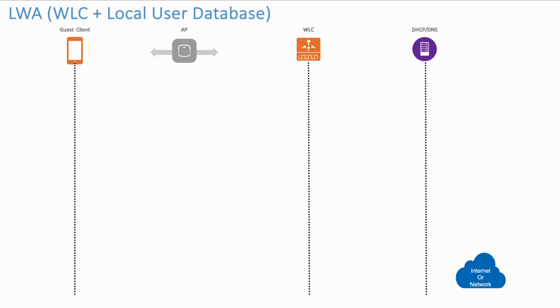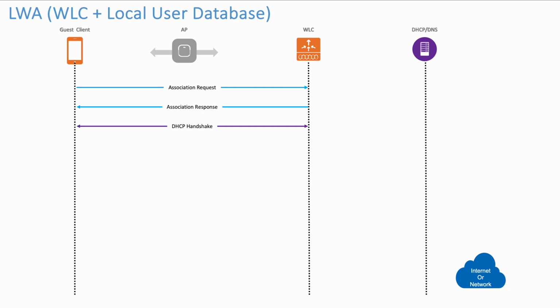To begin with, the first one will be the association request, sent by the guest client to the WLC through the AP, and the WLC will respond with the association response. Once the association response reaches the client, it will try to get an IP from the DHCP server and send a DHCP handshake.